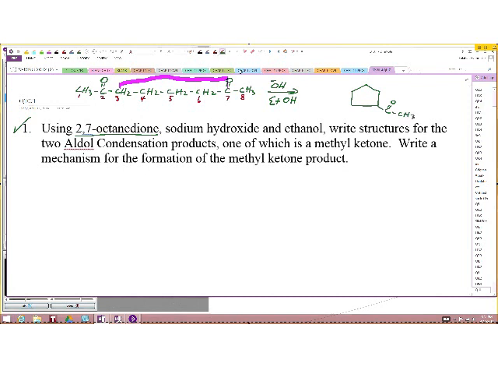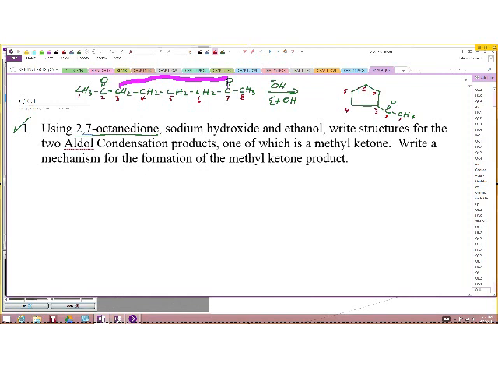Let us number this. So this is our carbon 1, 2, and we say this is 3, therefore this must be carbon number 7, right? Therefore this is carbon number 4, number 5, and number 6.